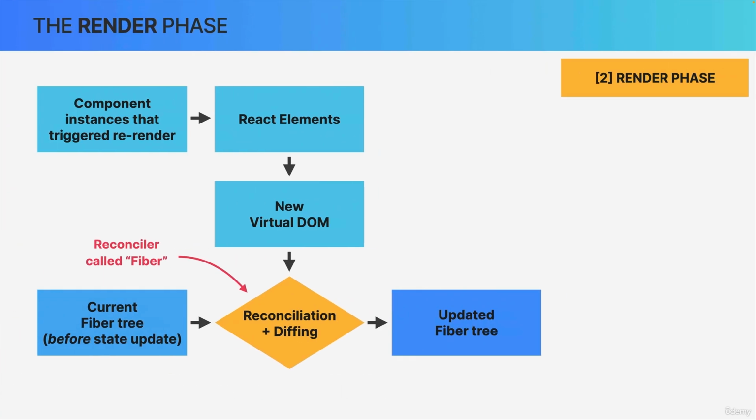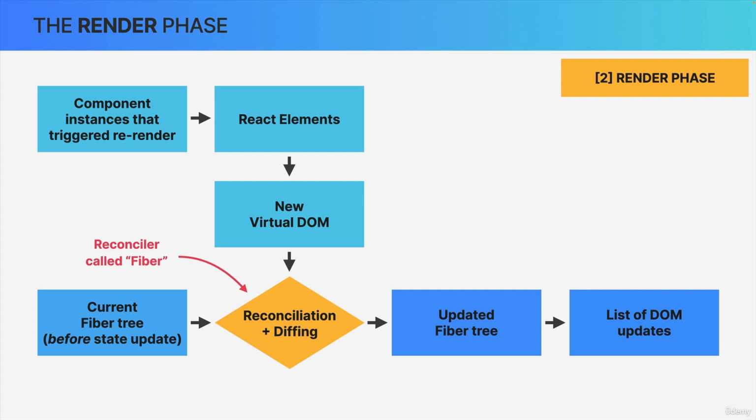Okay, so that was quite a deep dive. But now we're back here in the high-level overview of the render phase. So we learned that the result of the reconciliation process is a second updated fiber tree, plus basically a list of DOM updates that need to be performed in the next phase.